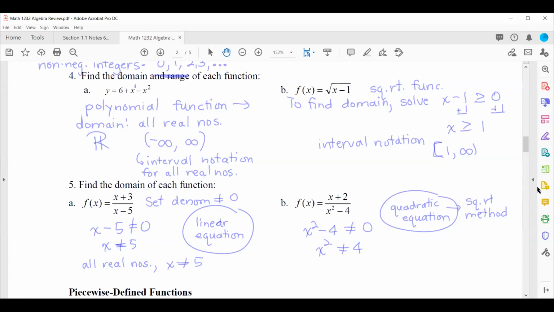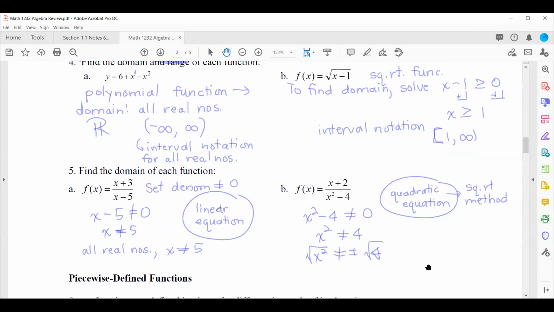The square root method says, hey, you can take the square root of both sides of an equation, but you have to use a plus or minus symbol because there are always going to be two numbers that you can square to get a number. For example, when I follow through with this, I get x cannot equal plus or minus 2. Because what number can I square and get 4? Well, I can square 2 and get 4, and I can also square -2 and get 4.